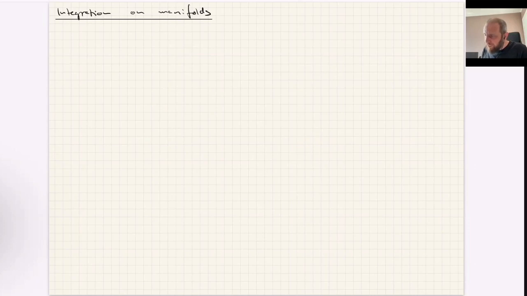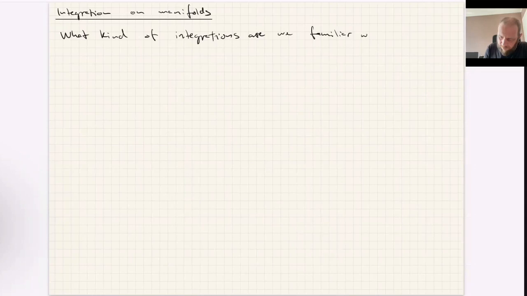So I want to take a little bit of time to look back now, and this is probably what we'll have time for before the break, on what kind of integrations we are familiar with in R3, so typical three-dimensional Euclidean space.